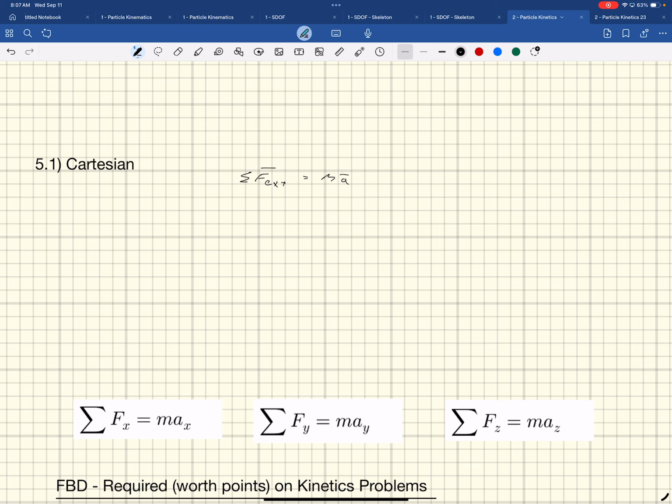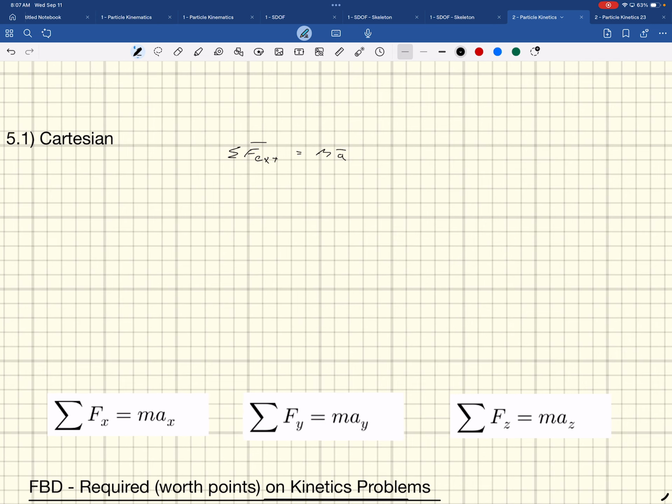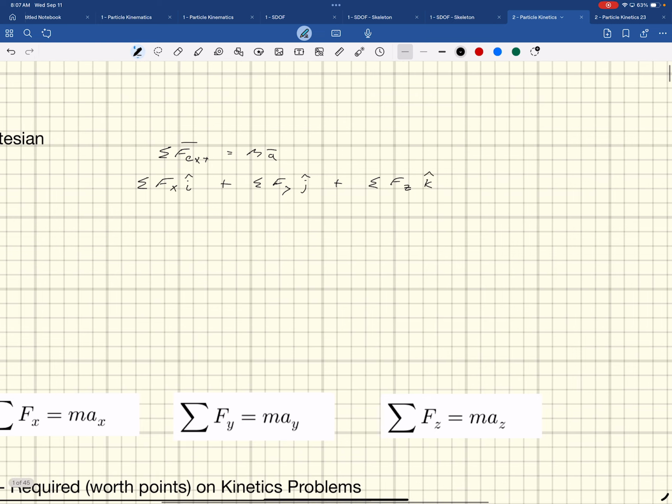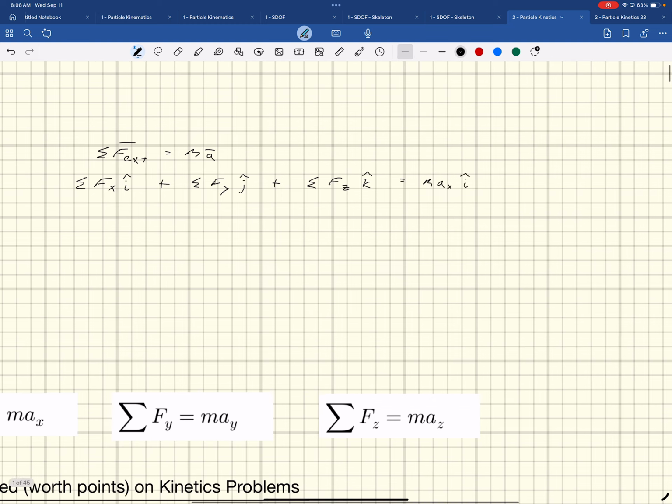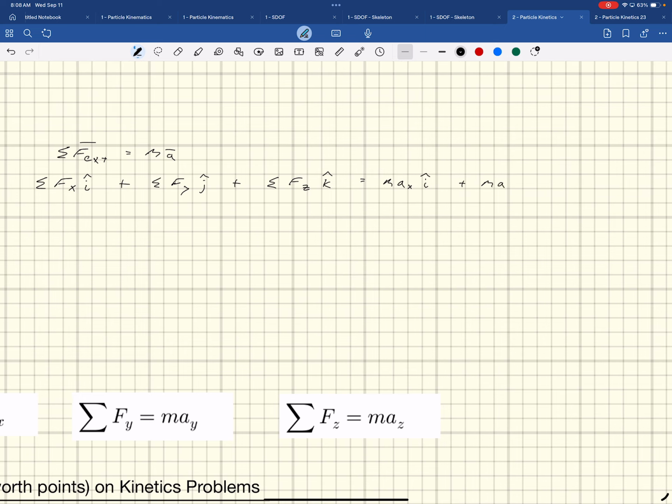In Cartesian coordinates, the external forces can be in 3 different directions: sum of the forces in the x, in the i direction, plus sum of the forces y in the j direction, plus sum of the forces z in the k direction. And all that's equal to mass times acceleration x in the i, plus mass times acceleration y in the j, plus mass times acceleration z in the k.